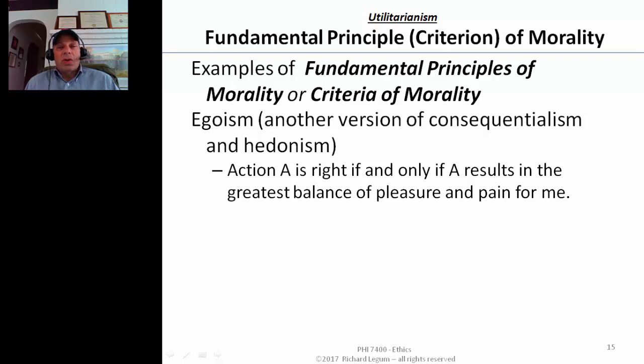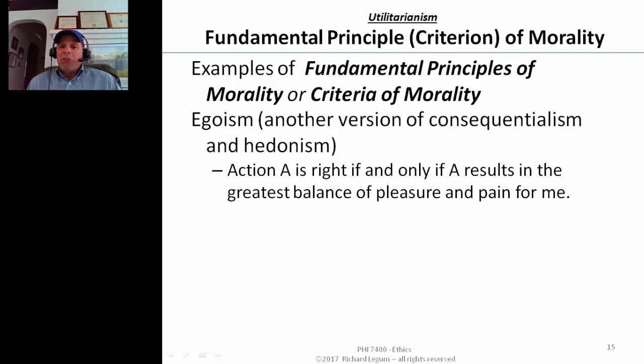Is my teaching the course this way, an action on my part, right or wrong according to this theory? Well, if it's right, then my teaching this course results in the greatest balance of pleasure over pain for me of all the alternatives that I could do.